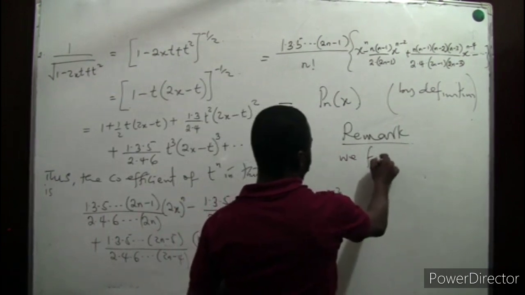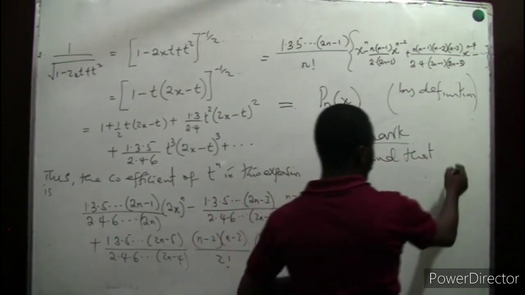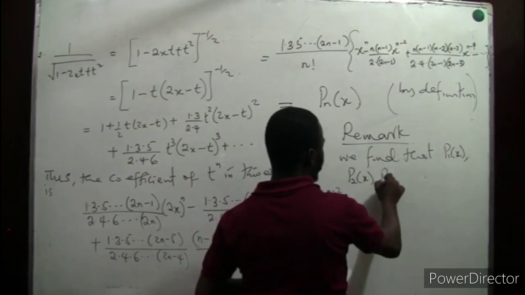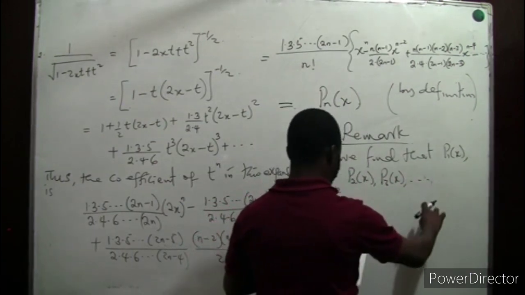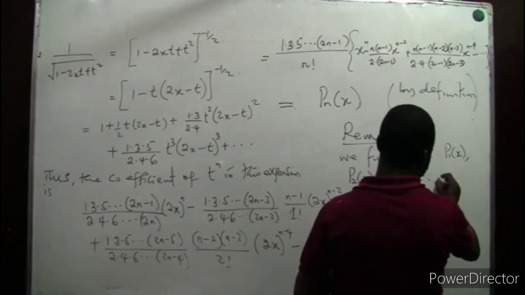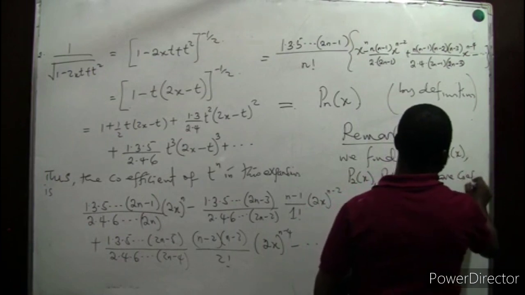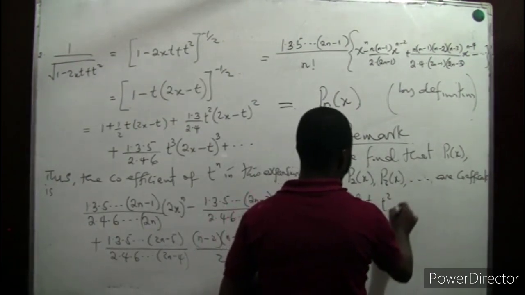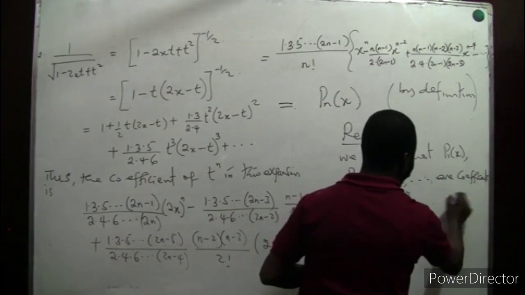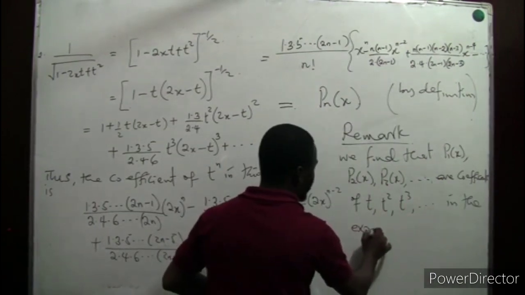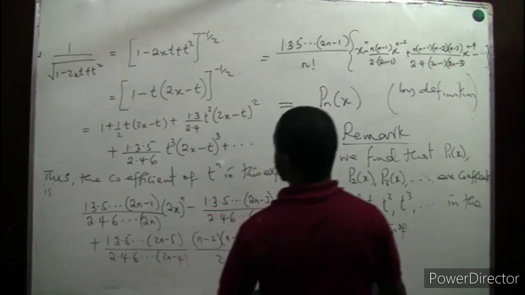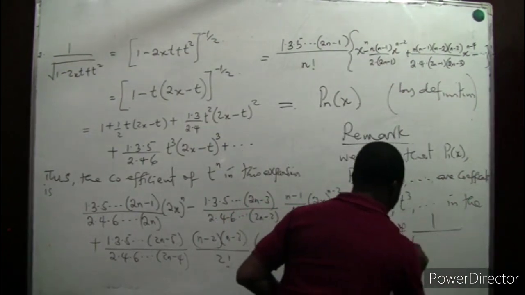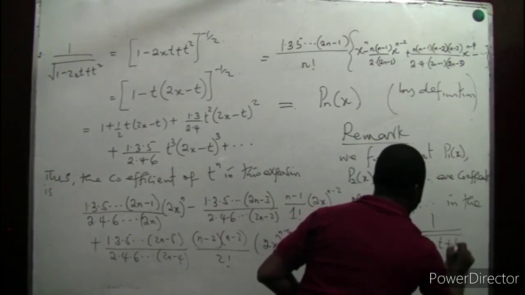We find that P1 of x, P2 of x, P3 of x, and the rest, are coefficients of t, t squared, t cube, and so on, in the expansion of 1 divided by square root of 1 minus 2xt plus t squared.